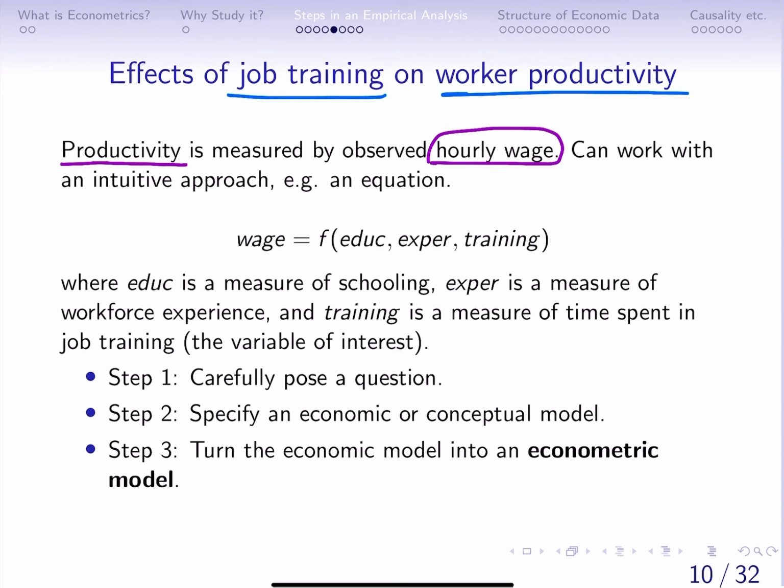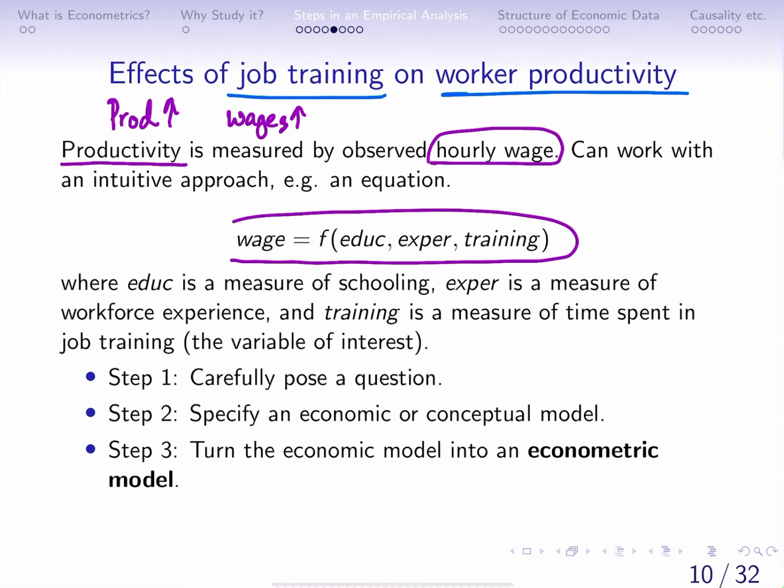So a more productive worker will earn more. That's the idea. So if your productivity is more, then your wages, you're paid more. Hopefully that is the case, right? So if we're working with that intuitive approach, then we can come up with this conceptualization that maybe wages are a function of education, experience, and job training.